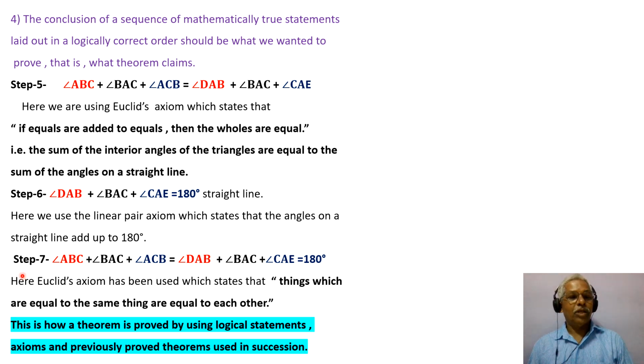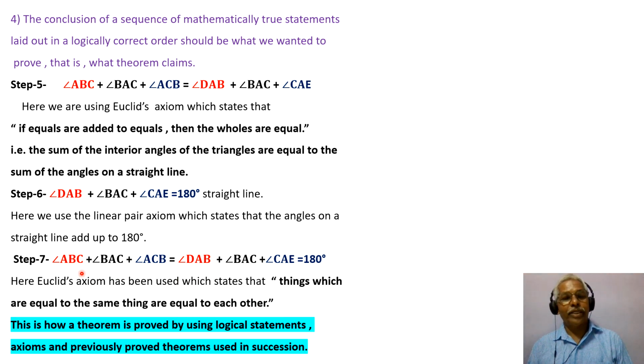Step 7. Angle ABC plus BAC plus ACB is equal to DAB plus BAC plus CAE, which is equal to 180. Here Euclid's axiom has been used, which states that things which are equal to the same thing are equal to each other. You can refer to that.